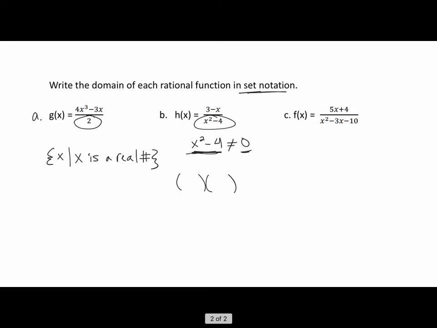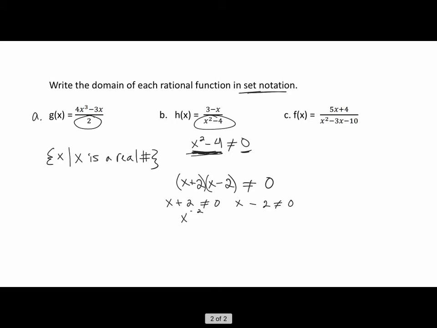And there's two terms. This is a difference of two terms, and they are perfect squares, right? That's x squared, so x times x, and 2 squared, so 2 times 2. And since it is a difference, that means that these are different signs, and that's why there's only 2 terms in the polynomial and not 3. So then each of those factors I'm going to set not equal to 0 by the zero product property.